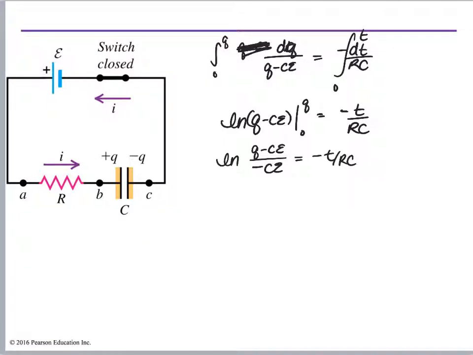Now, in order to get rid of the natural log, we rewrite this as e to the minus t over RC is equal to Q minus CE over minus CE. Now I'm going to rearrange things.